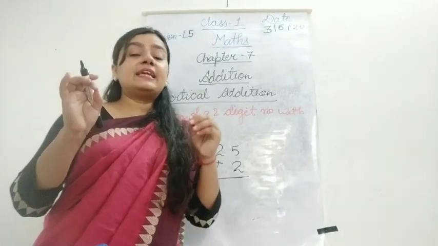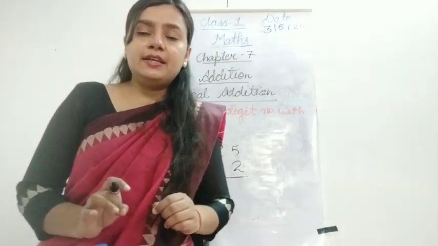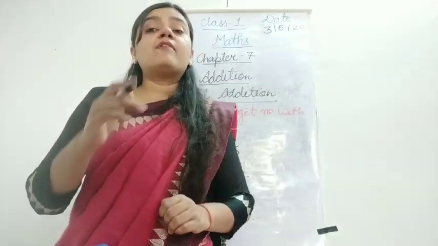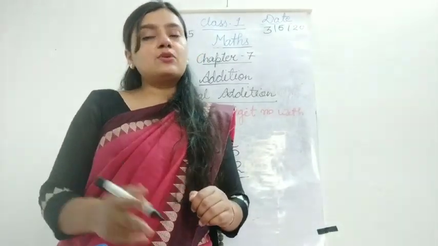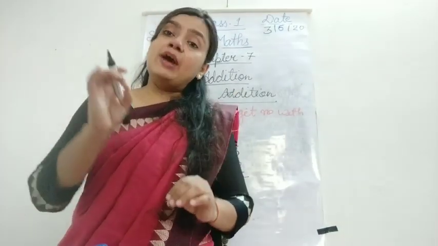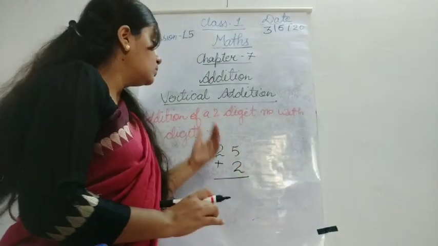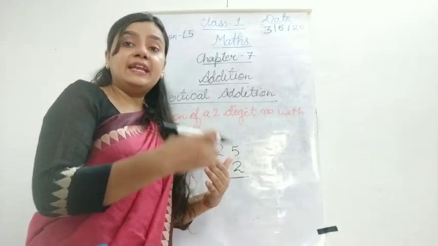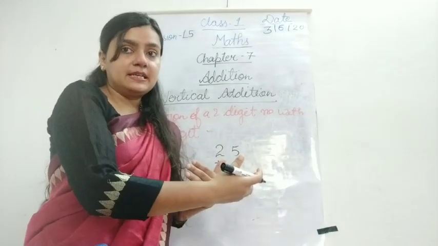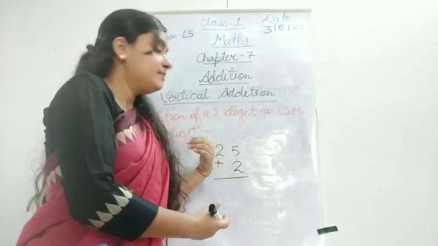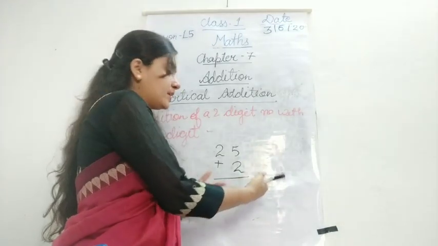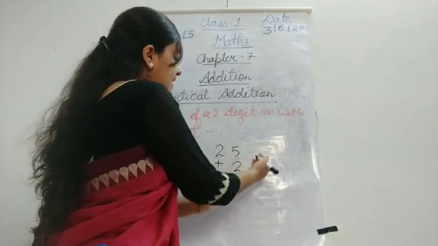So keep one thing clearly in your mind: whenever you are dealing with addition of 2 digits with 1 digit or 2 digits, you will always perform addition from the back side, never from the front side. Means always start from the right side.